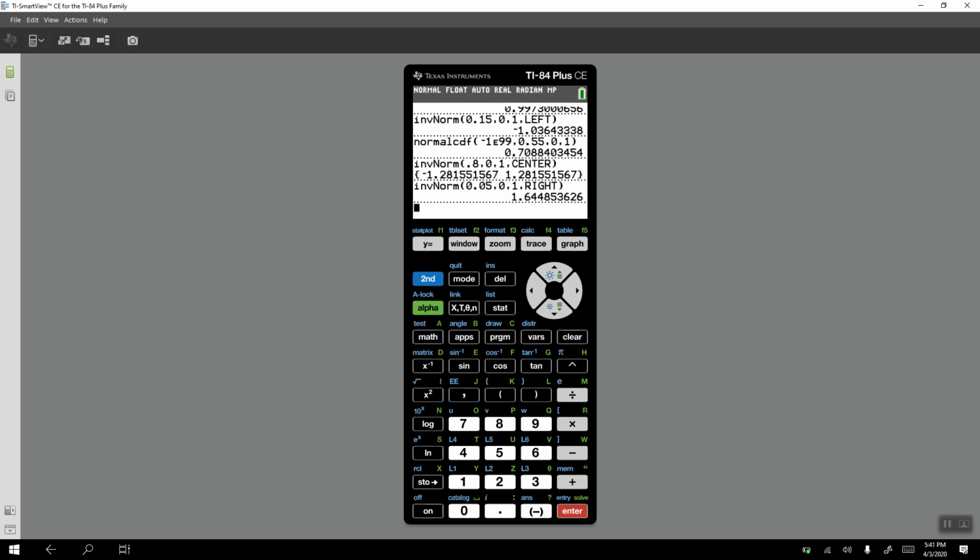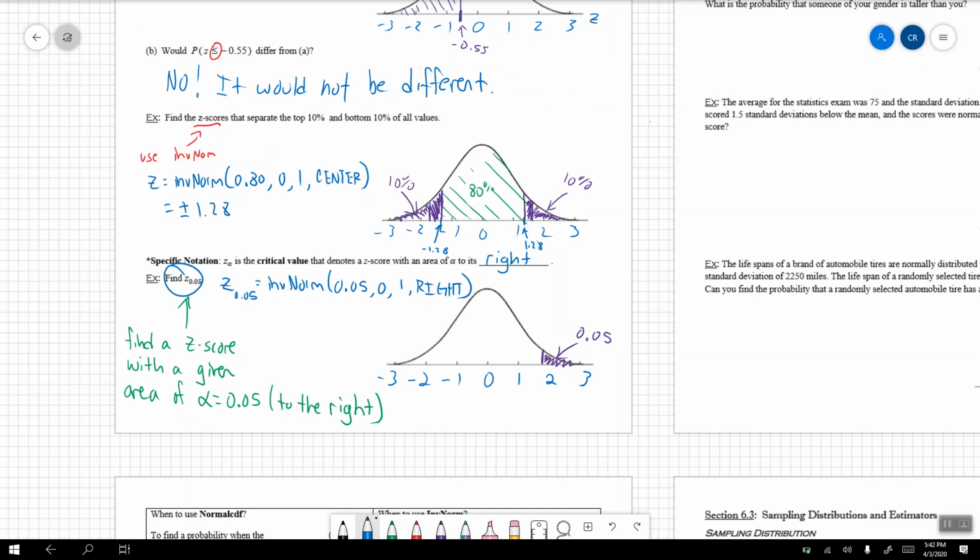There it is. The z-score is 1.64. Again, a z-score is always rounded to 2 decimal places. So this z-score is 1.64, which we'll say is right here.